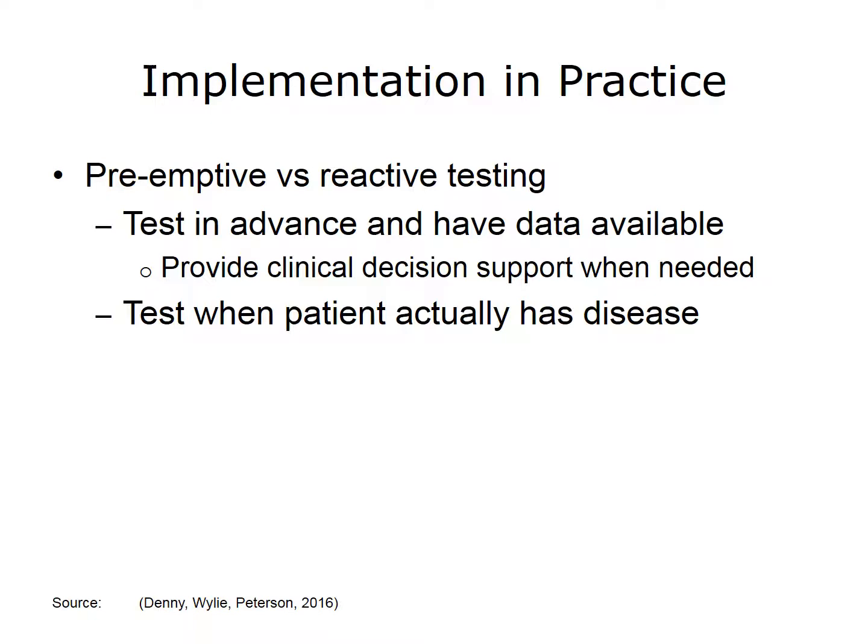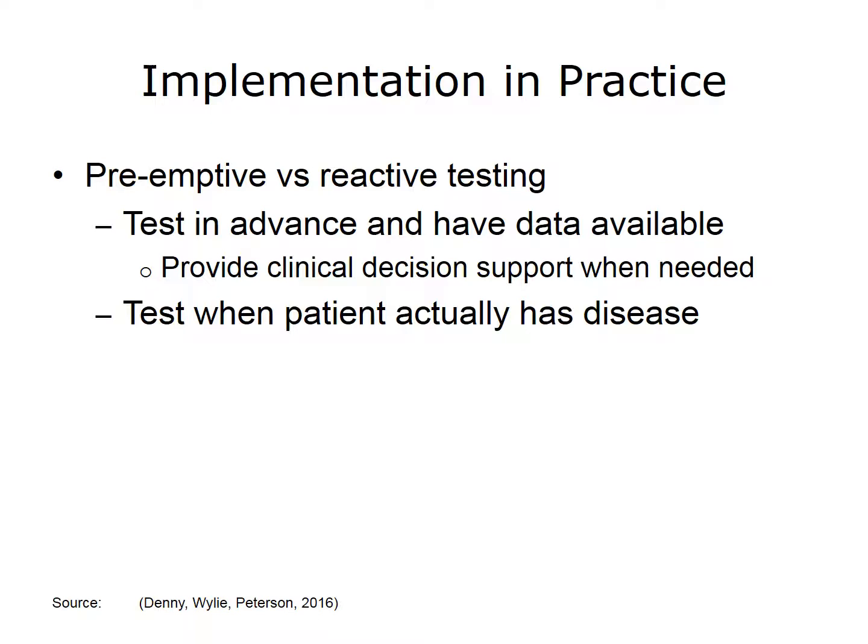Both Geisinger and Vanderbilt have incorporated genomic data into their electronic health records by using what is known as preemptive genetic testing. That is, they test the patient's blood samples for known disease-associated genetic variants, such as those that lead to decreased sensitivity to clopidogrel, and then provide clinical decision support so that the information is available to physicians when they have a patient for whom they would ordinarily prescribe clopidogrel.